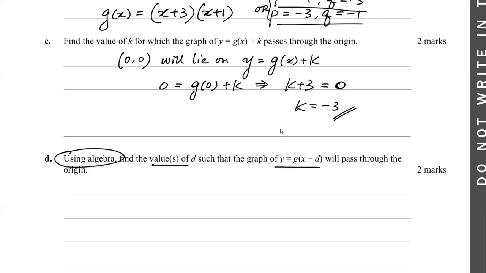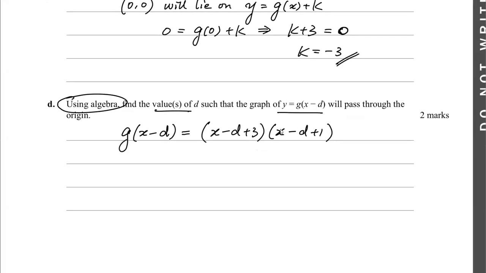So what I'm trying to do is g of x minus d equals (x minus d plus 3)(x minus d plus 1). So basically, you need to show some algebra like substitution, formulation, whatsoever. Use g of 0 minus d equals 0.